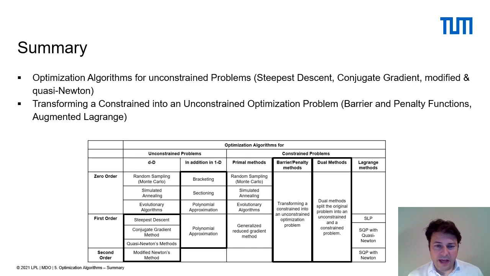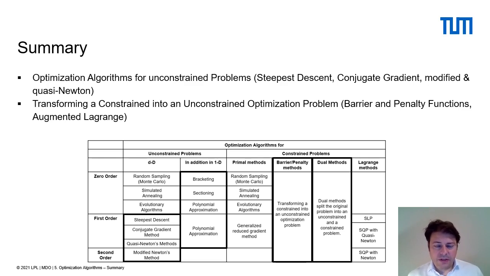That was by adding viscosity to the search direction. We talked about a quasi-Newton method that relies on approximating the Hessian using gradient information. We also talked about modified Newton's method that needs to compute the Hessian and invert it, and then does a line search along a well-chosen search direction.